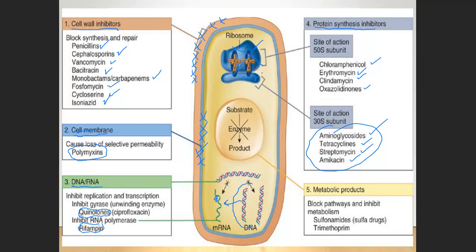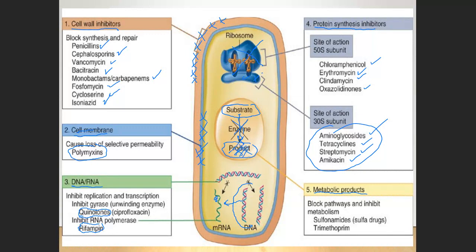And the last one will be the drugs that actually block the metabolic pathway. Right? So for example, bacteria are able to produce a product from a substrate. So this process is required over here. There are some drugs that actually block this process. So when the process is blocked, then there will be no product.